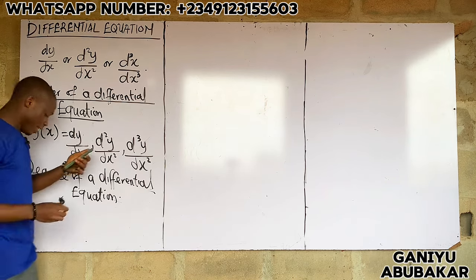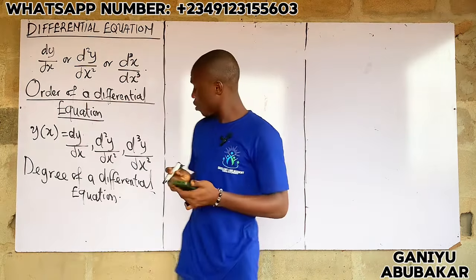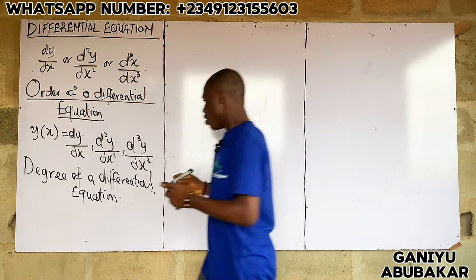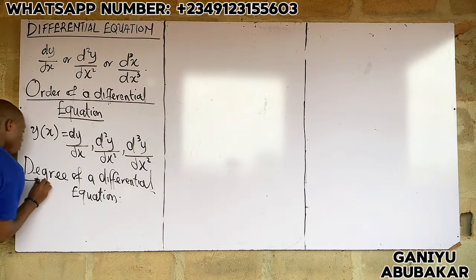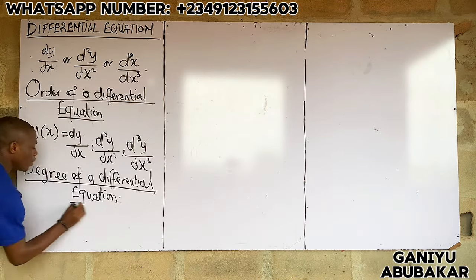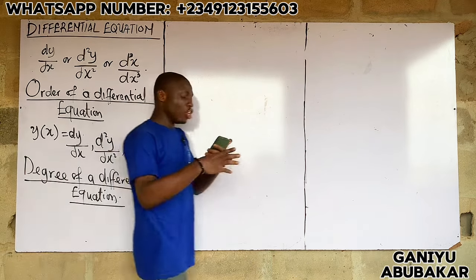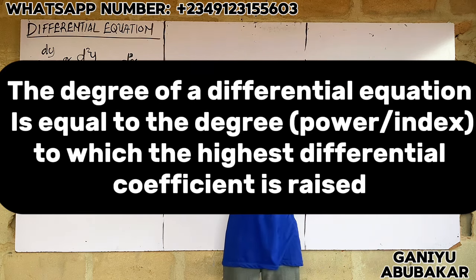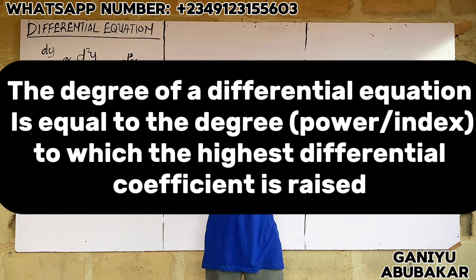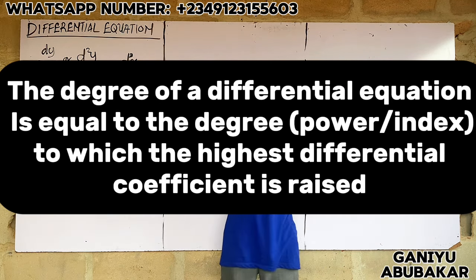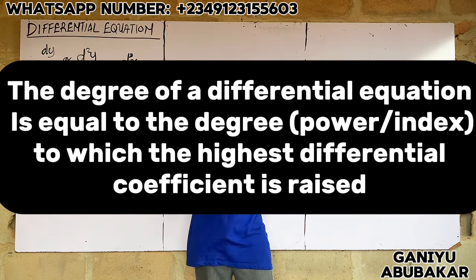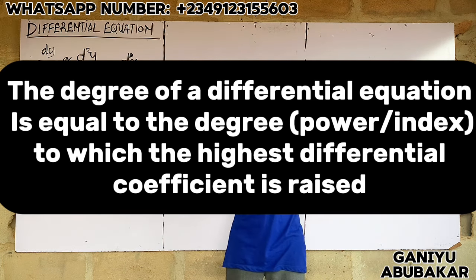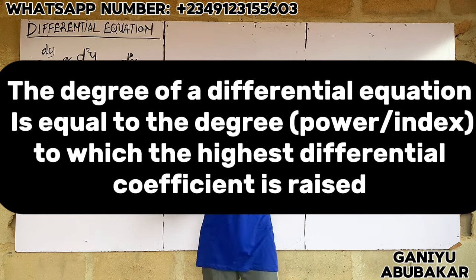Let's look at the degree of a differential equation. The degree of a differential equation is equal to the degree or power or index to which the highest differential coefficient is being raised, right?